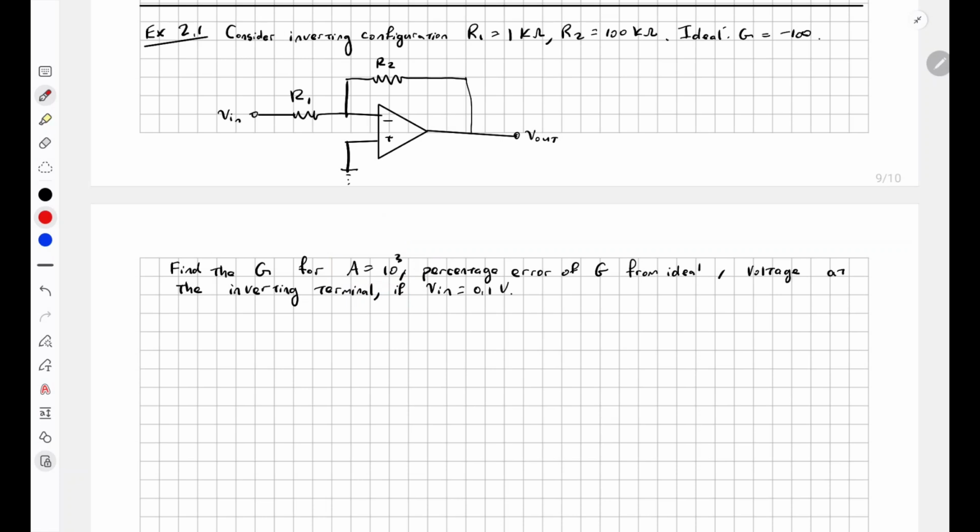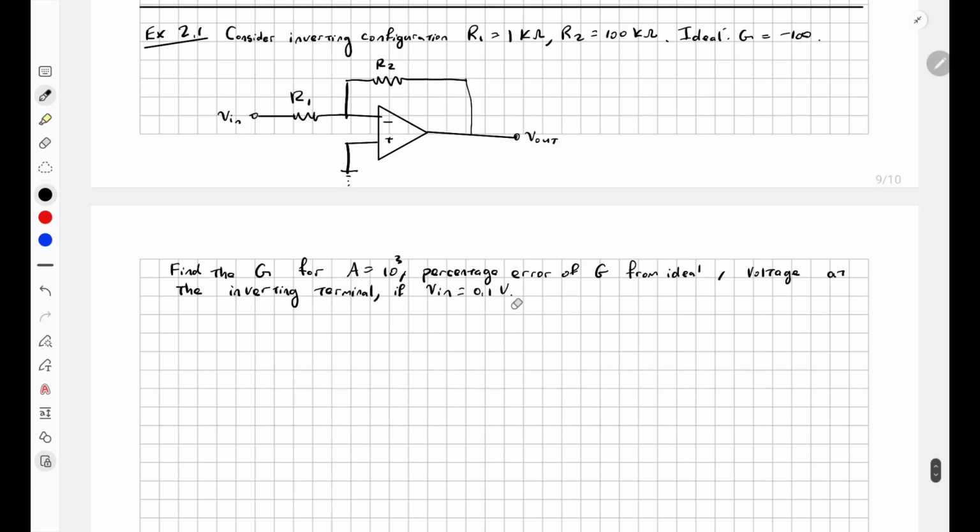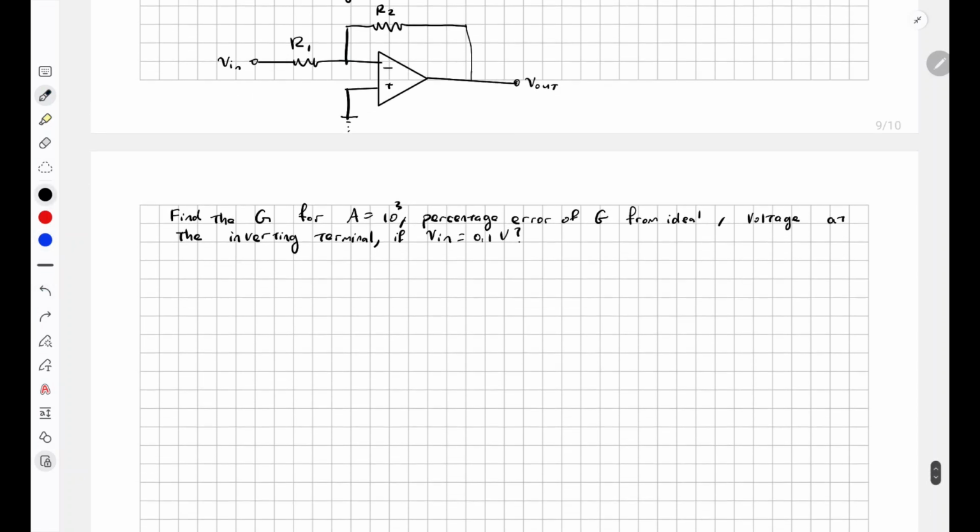We're also asked to find the percentage error of the closed loop gain compared to the ideal case. And finally, we're asked to find the voltage at the inverting terminal if V in is fed with 0.1 volts. Recall that the inverting terminal is the voltage here. So we're asked to find these three things.